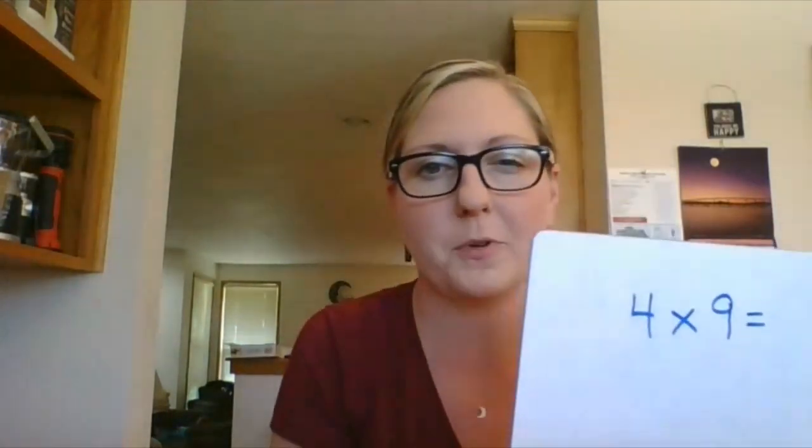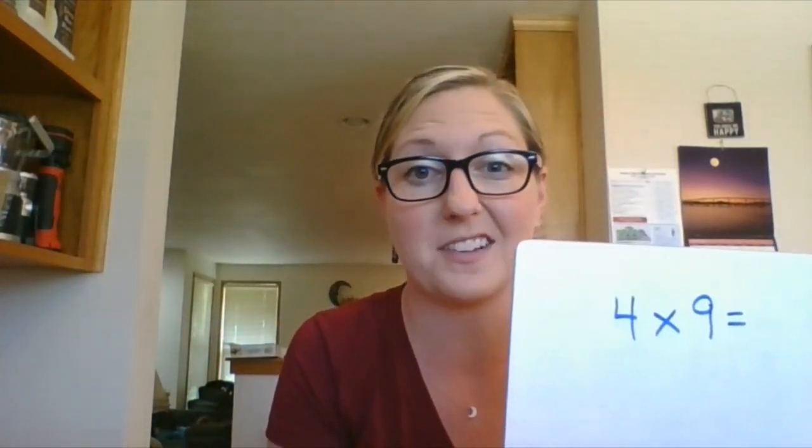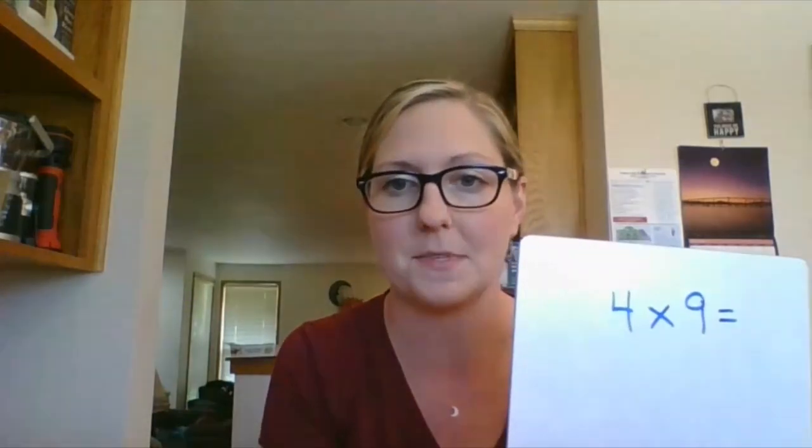So as I mentioned earlier, distributive property is all about breaking apart one of the factors in an original expression or equation in order to make the original problem easier to solve. And I mentioned that it can be really helpful when we're solving our facts like our times 7, times 8, times 9 facts.